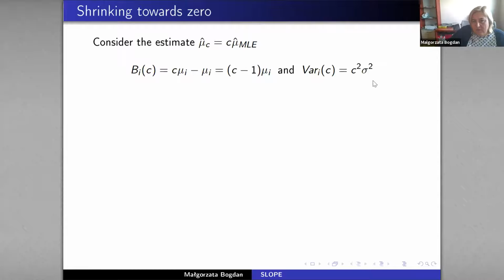So variance is equal to sigma squared. Now, when I multiply the MLE by c, my variance is going to be c squared sigma squared. So if your c is smaller than 1, you are reducing variance.